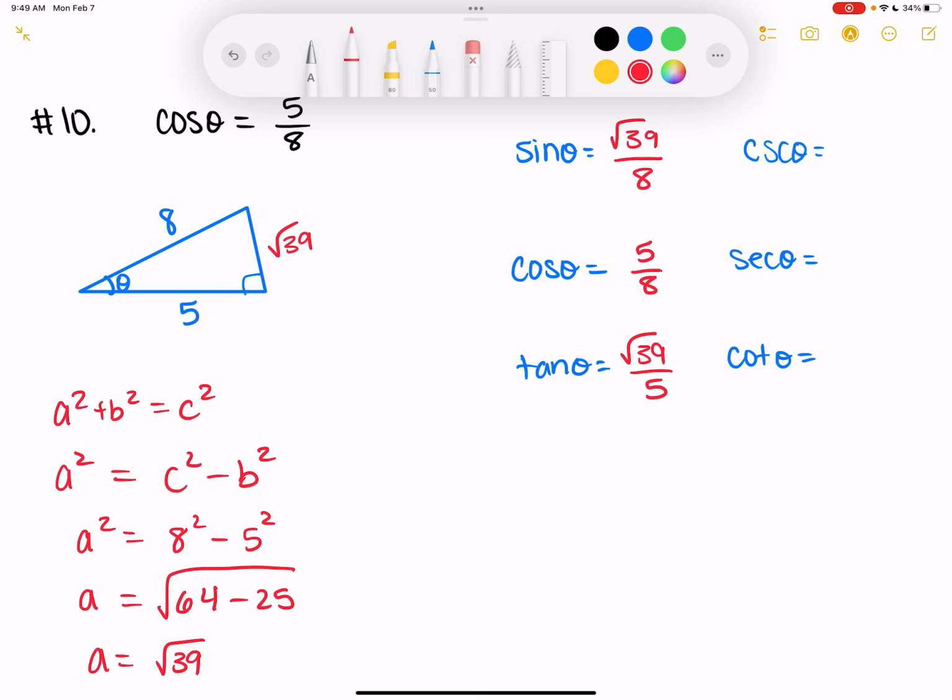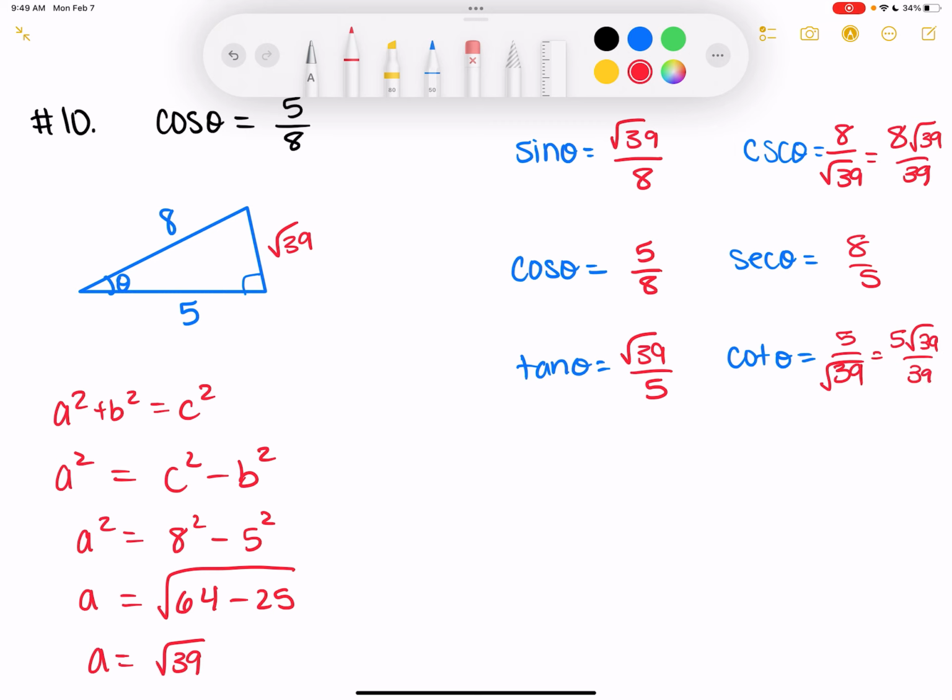And then cosecant would be 8 over square root of 39, and because the square root of 39, we go 8 square root 39 over 39. Secant would be 8 over 5. Cotangent, that's just 5 over square root of 39, and you know the drill, 5 square root 39 over 39. I've done it for a long time.